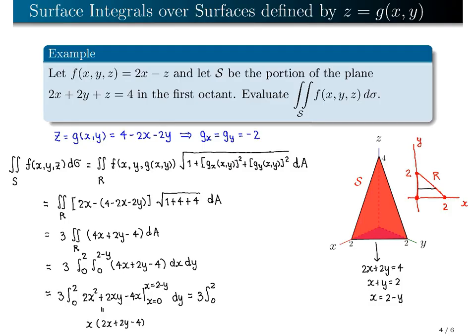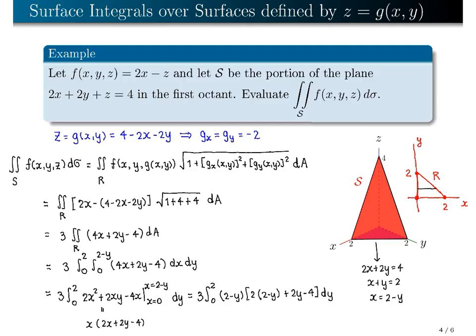We evaluate this expression at x equals 2 minus y to get 2 minus y multiplied by the quantity 2 times the quantity 2 minus y plus 2y minus 4. Evaluating again this expression at x equals 0 yields 0, so we get here dy.